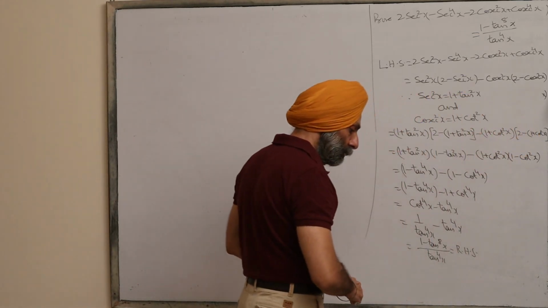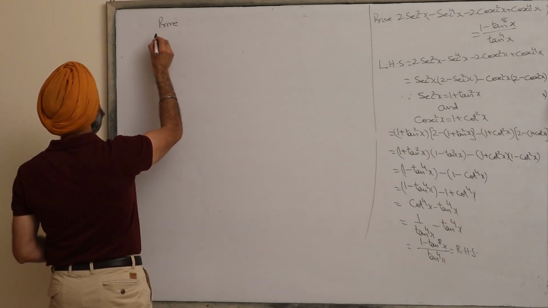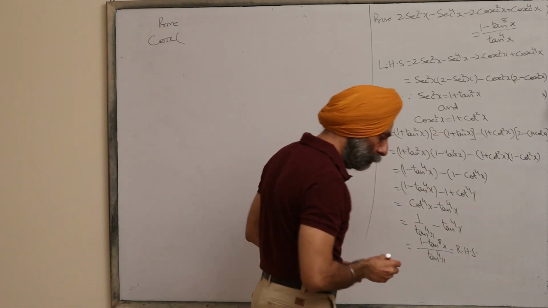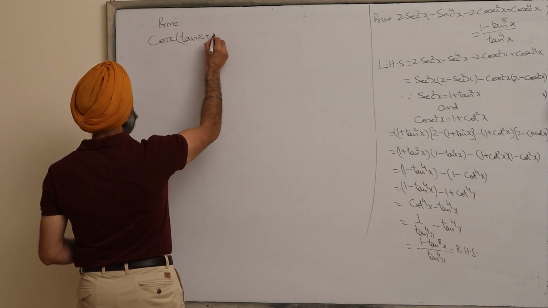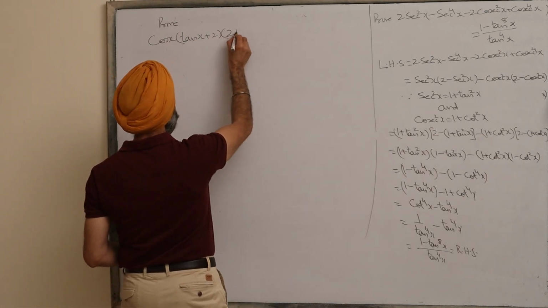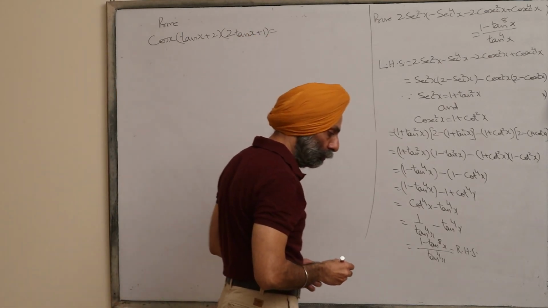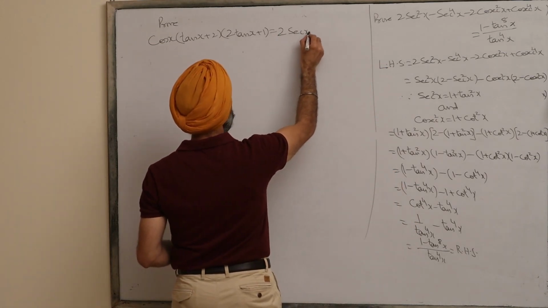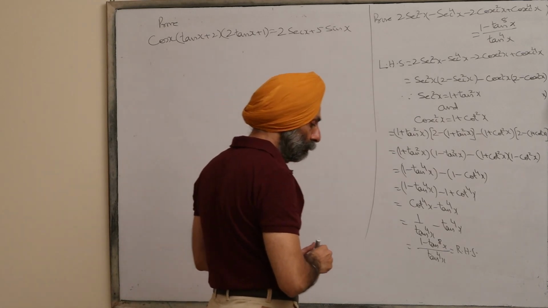Now next question is, we have to prove that cos x into tan x plus 2 into 2 tan x plus 1 is equal to 2 times secant x plus 5 times sin x. That is what we have to prove here.